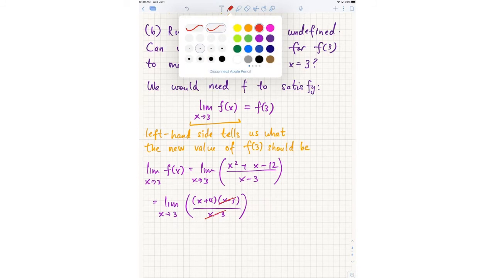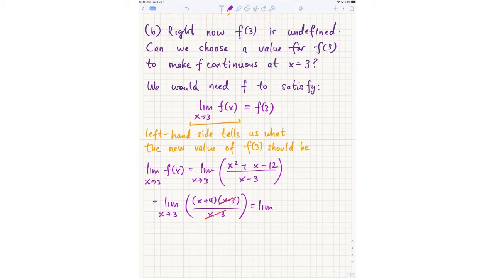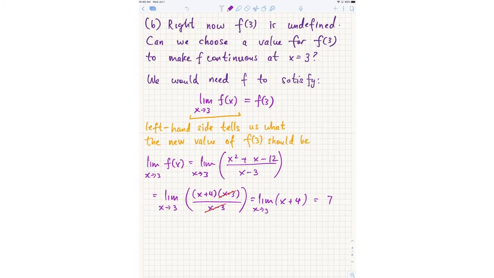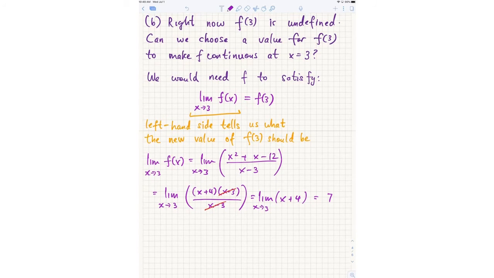We're left with x plus 4, and now we can directly substitute. Whoops, it's the limit as x approaches 3 of x plus 4. Now I directly substitute, and I get 7. So that tells us if I want to make the function continuous, I must have f of 3 equals 7. If I have f of 3 equal to anything else, this condition for continuity would not be satisfied. So we must put f of 3 equal to 7.